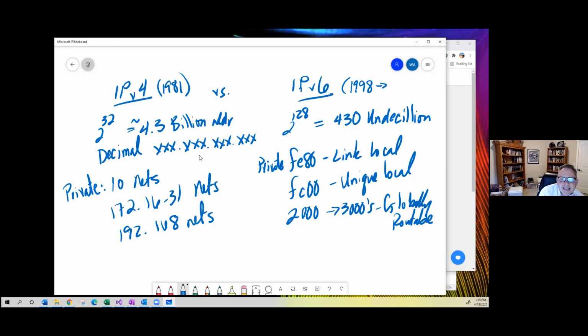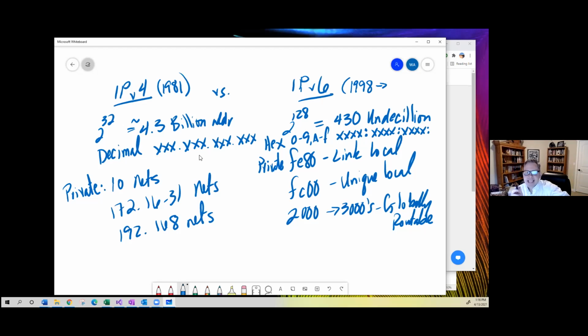In version 6, it's hexadecimal, which is a base 16 number, 0 through 9 and then A through F. And it's 4 digits with a colon, four hexadecimal digits with a colon in between. And then 4 more and a colon, and then 4 more and a colon, and so forth. There are actually 8 sections with IP version 6.